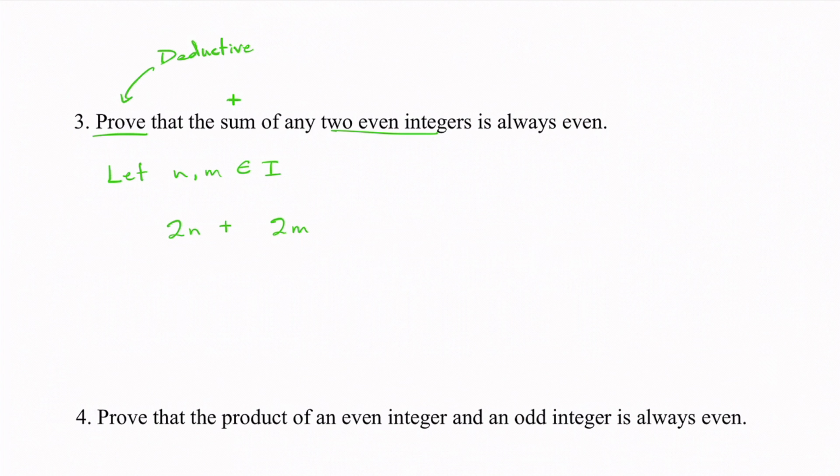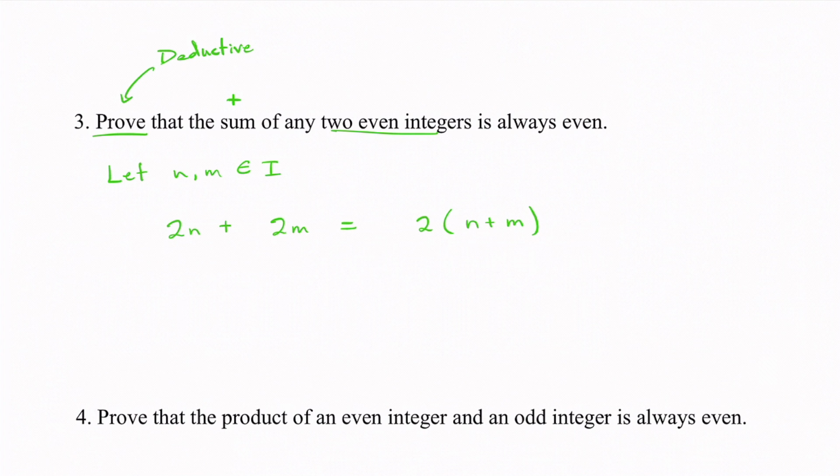So 2n plus 2m. Now I have to try to prove that this is somehow going to always give me something even. You could try to add these, but I can't add them. They both have 2's, so let's try factoring a 2 out from both. So I factor out a 2, and I'm left with an n plus an m.